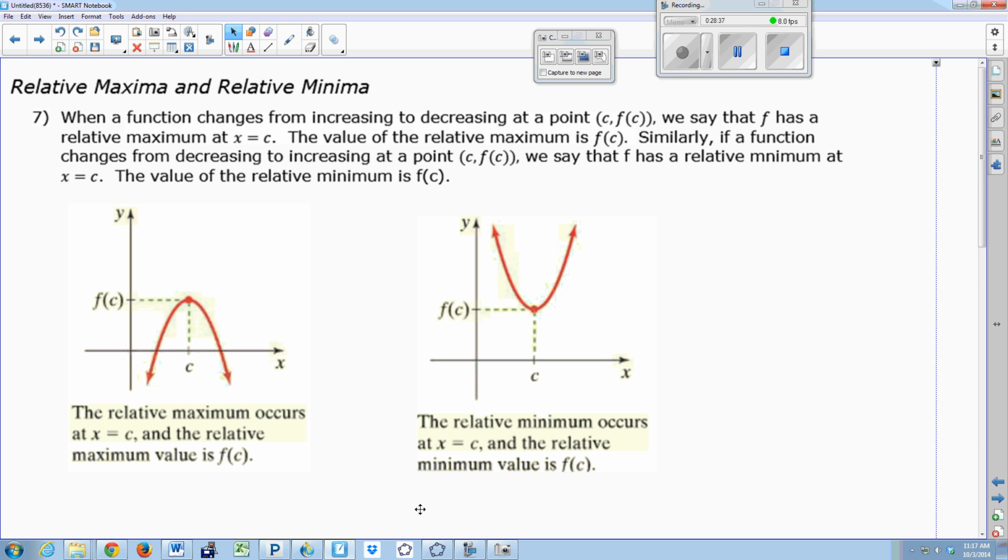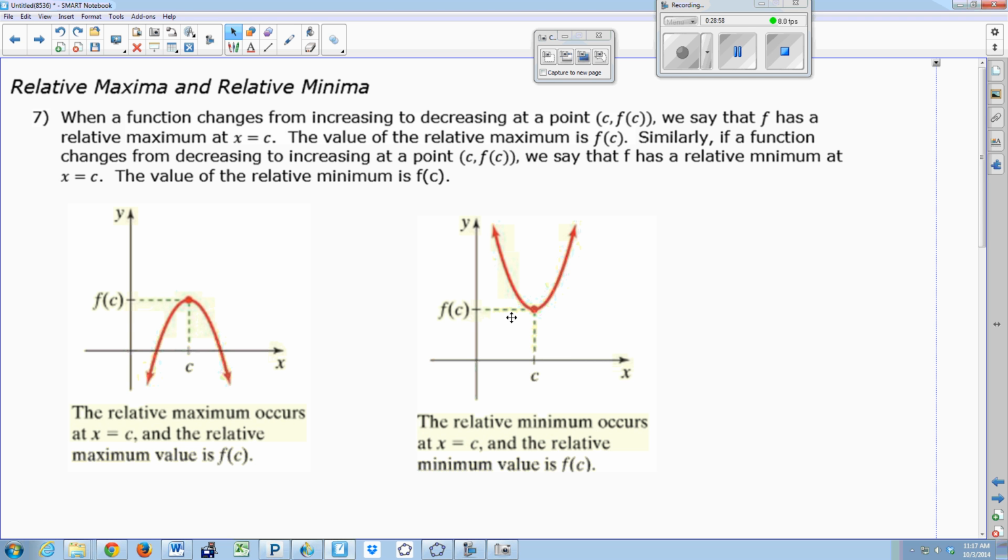All right. Relative means that we're looking at the highest point or the lowest point in a neighborhood. Your graph has to be increasing and then decreasing right around that point. You have to have something on both sides of your point.